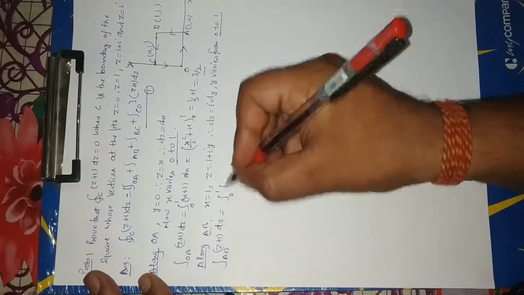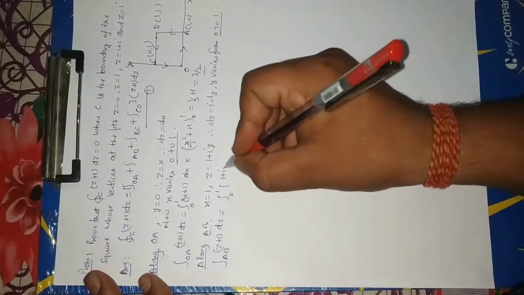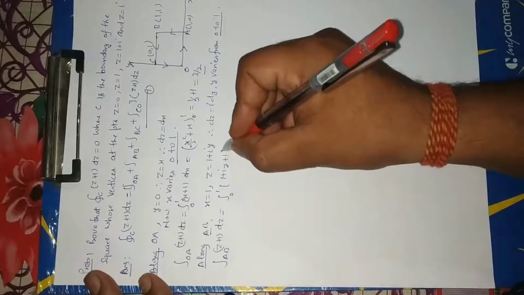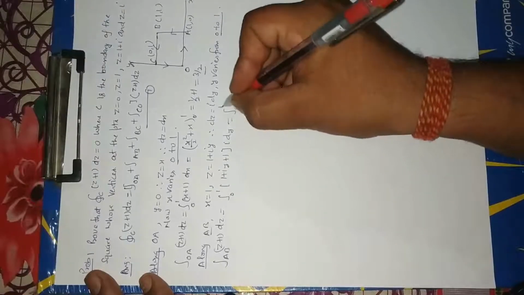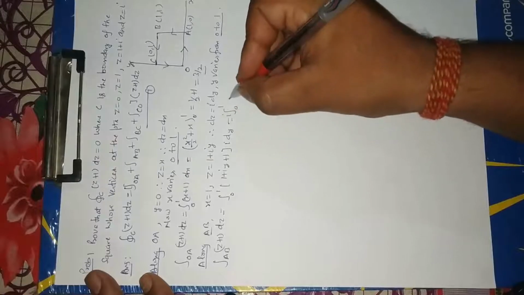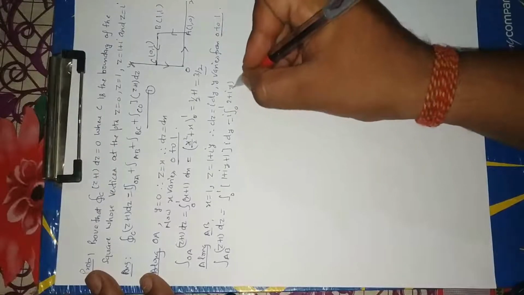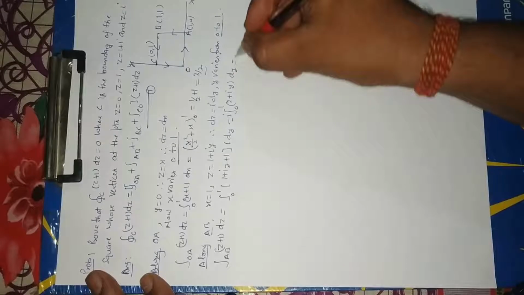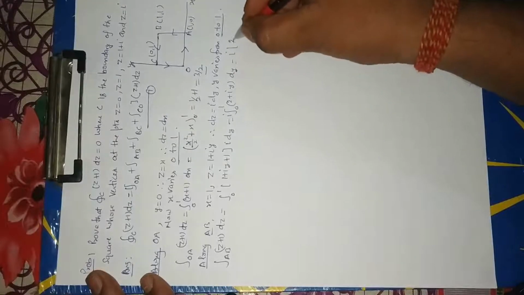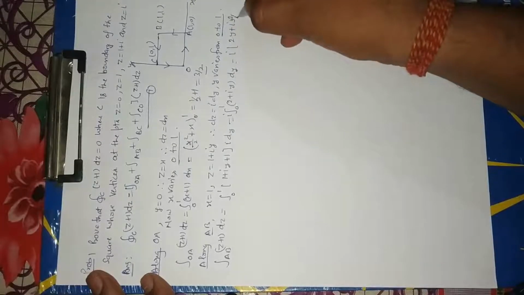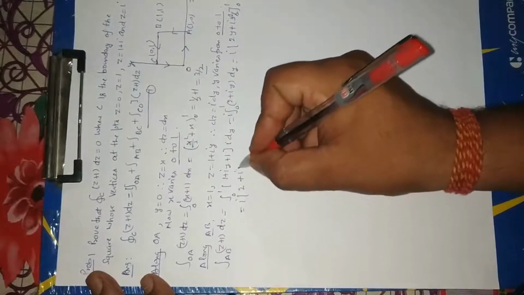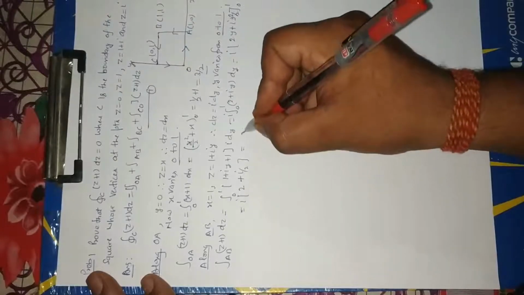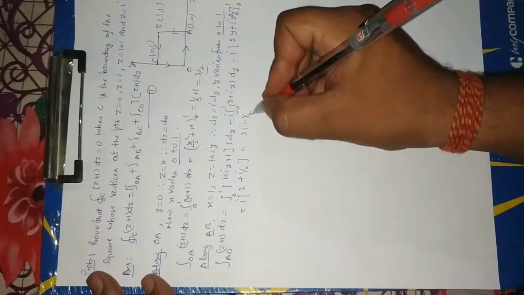Now the value of z plus 1 is 1 plus iy plus 1. Now dz is i dy. This is equal to the integral, limit 0 to 1, i is common, of 2 plus iy dy, this is equal to i times 2y plus i y square by 2, limit 0 to 1, this is equal to i times 2 plus i by 2, this is equal to 2i minus 1 by 2.